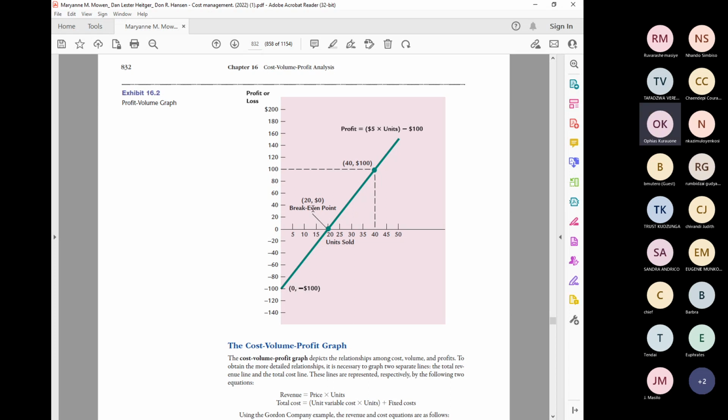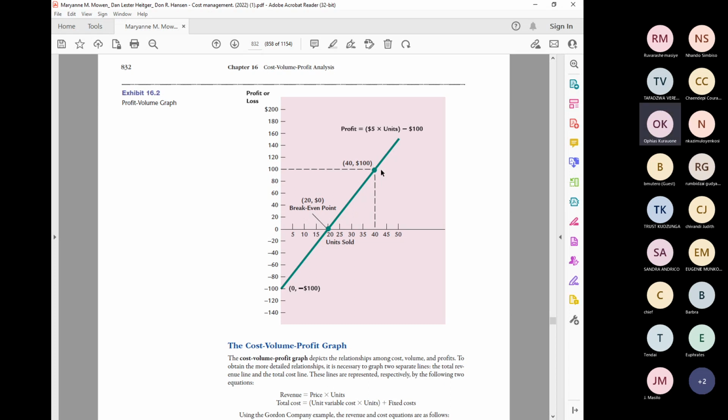You find out that the break even is at 20, whereby you are saying you don't make a profit or a loss. Then as you go on, it's zero. When you've got zero here, that's the break even point.